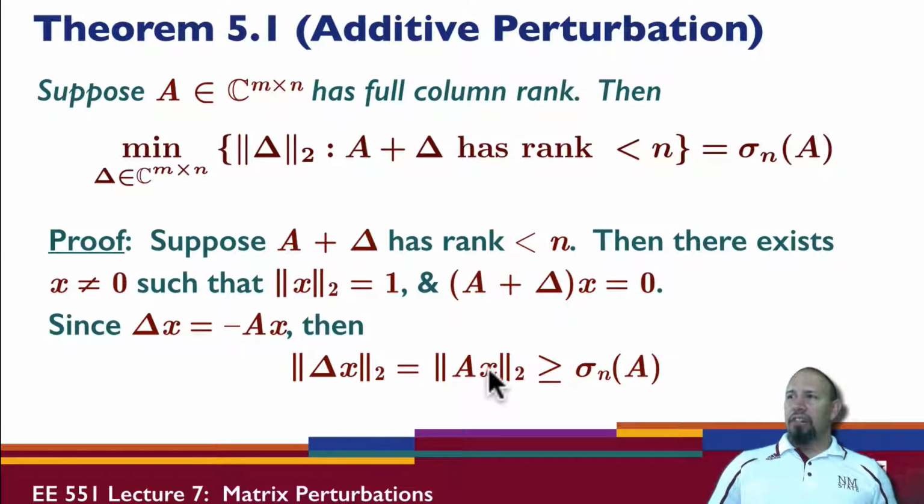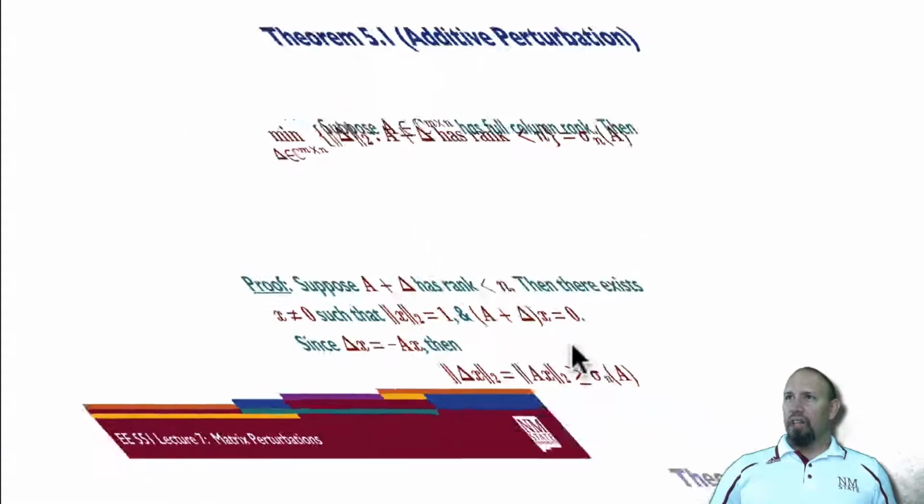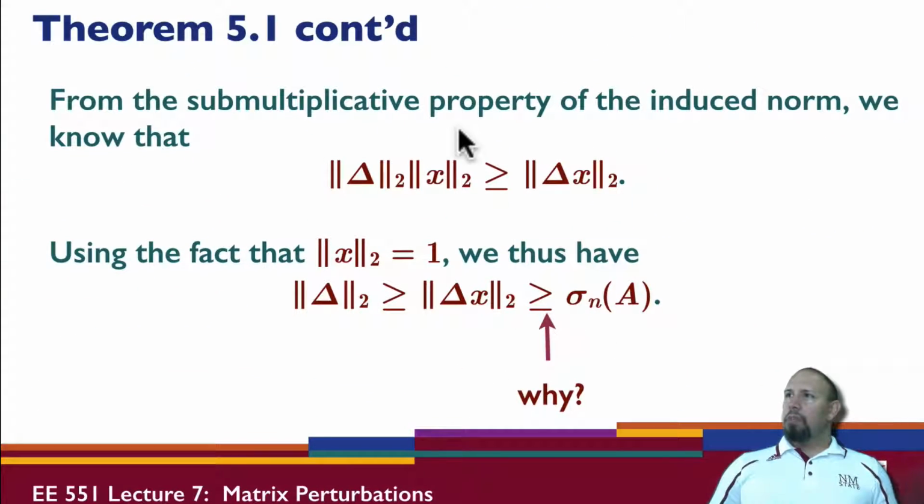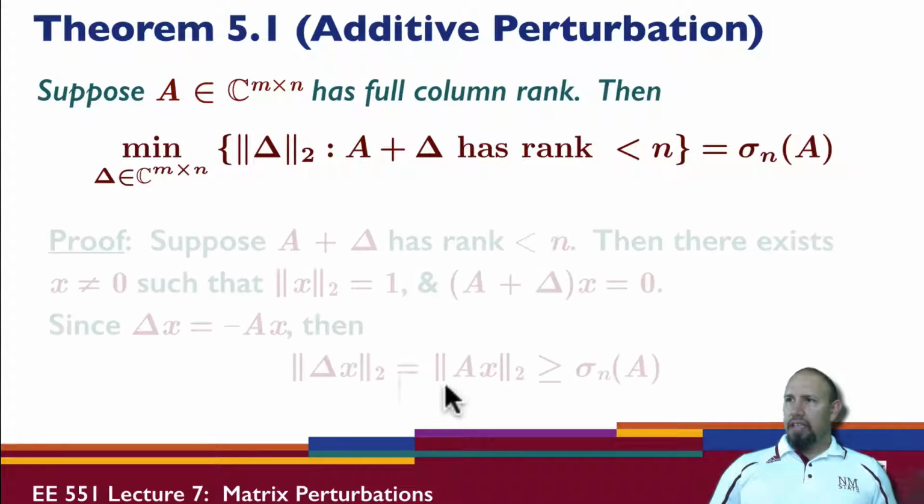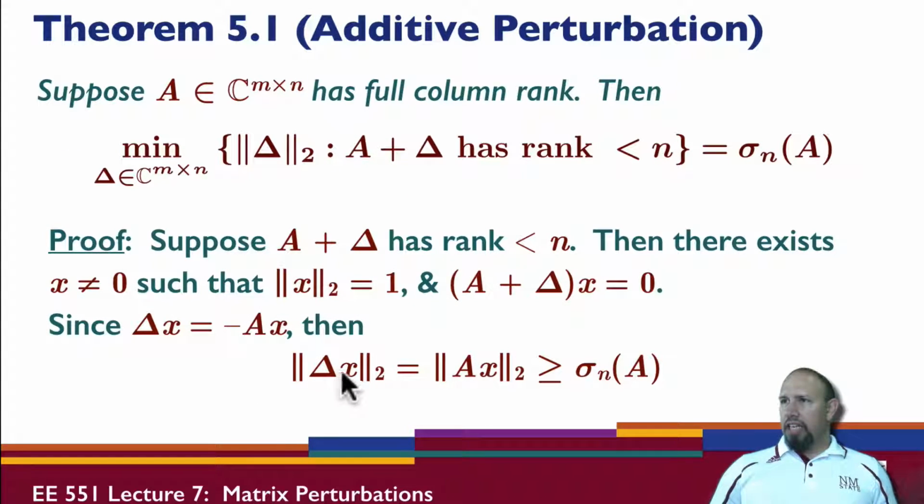So anytime you have a vector multiplied by a matrix, that norm is always going to be greater than or equal to the smallest singular value, and that's by definition of the singular values. So from the submultiplicative property, we have this relationship that the norm of delta x is greater than or equal to this.